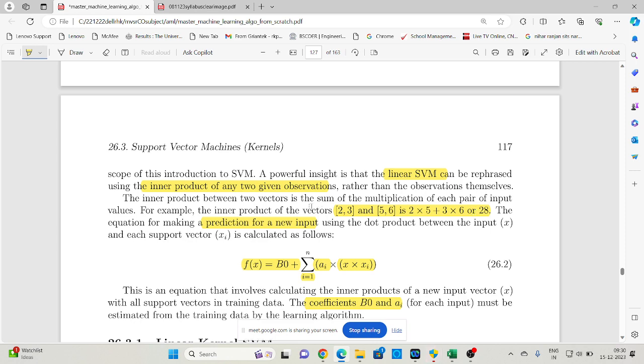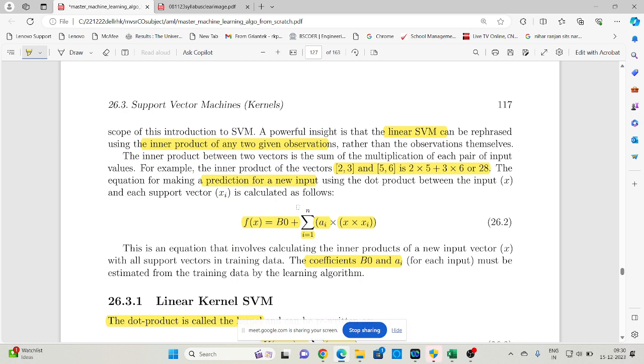So the equation for making a new prediction using the dot product uses this formula: f(x) is equal to b0 plus the summation of i equal to 1 to n of ai multiplied by x into xi, where b0 and ai are the coefficients, and x is the new input vector.